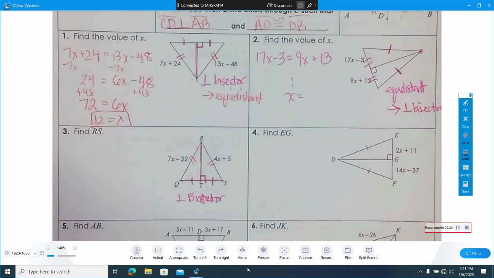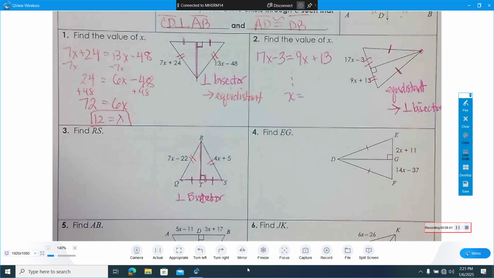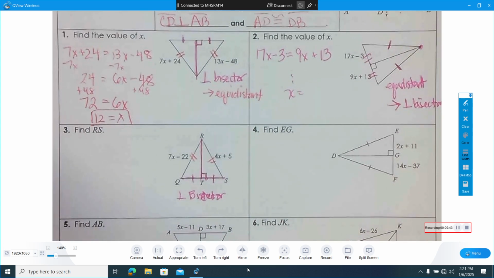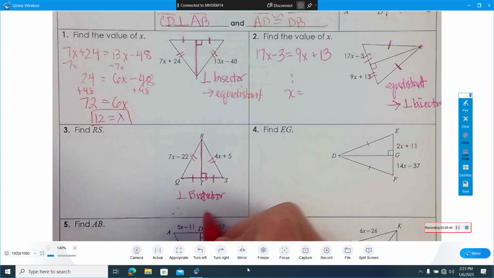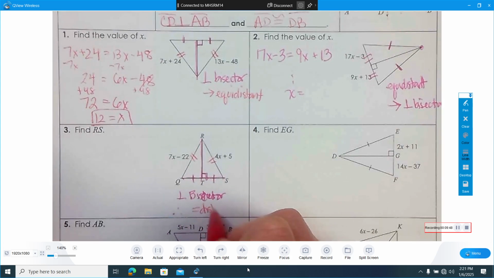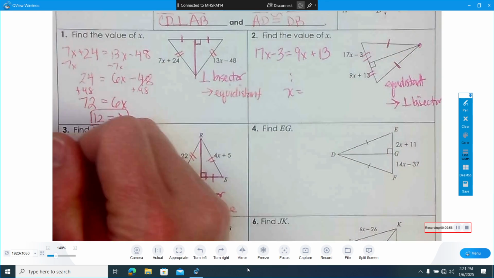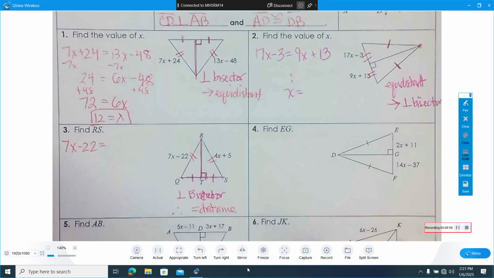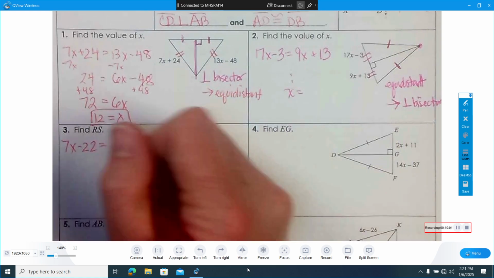So what equation can we write? What equation should we write? Thank you. 7x minus 22 equals 4x plus 5.